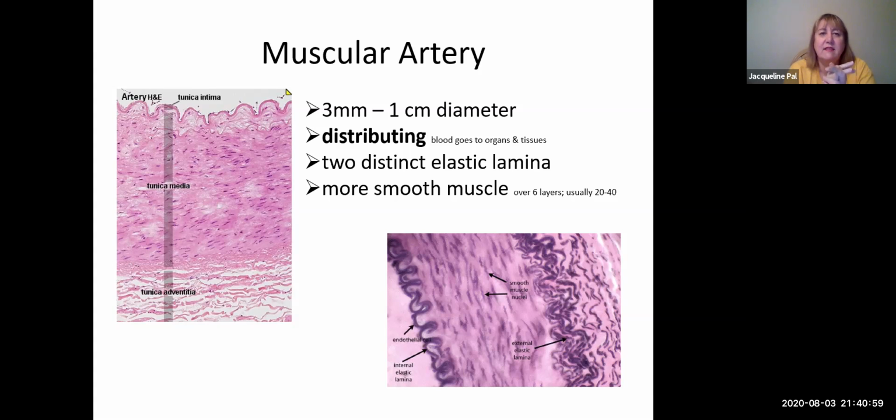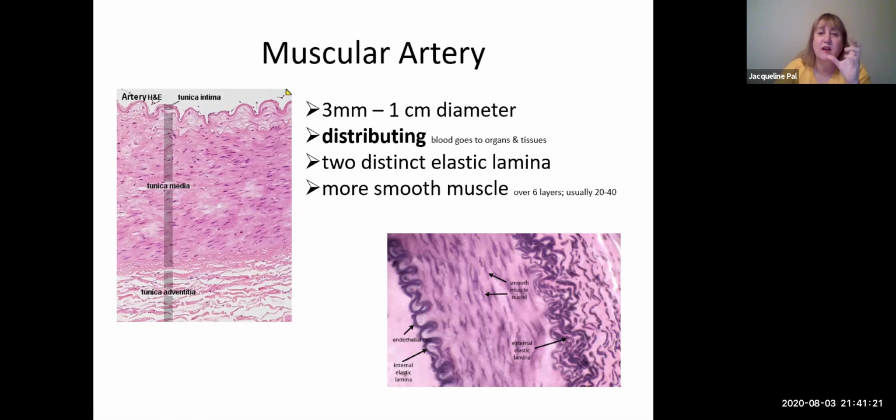When I say these have lots of smooth muscle, I mean they have a lot more smooth muscle than the elastic arteries did. If you look in the tunica media, this one obviously probably has 30 different layers of smooth muscle, because you can just count how many nuclei go through. That's a classic muscular artery.